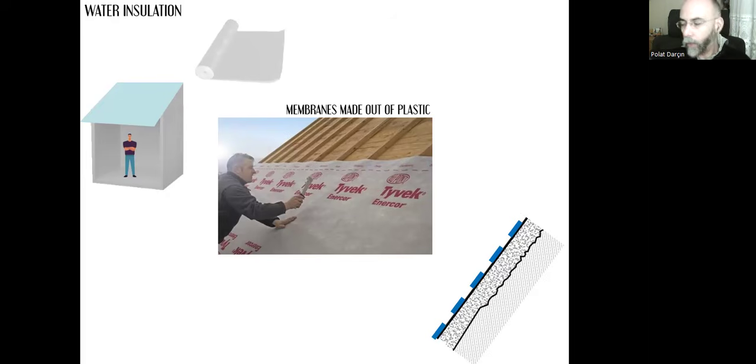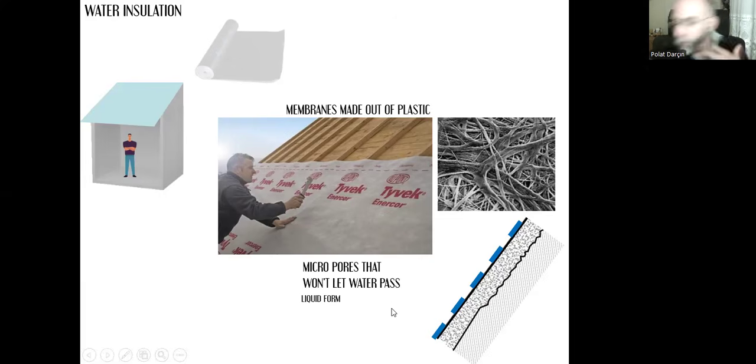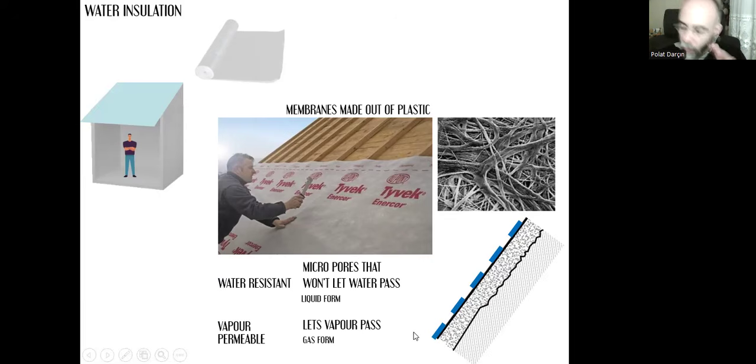Tyvek is the known brand name, a very famous brand name. It's a specially produced type of plastic, and it has micro pores. These pores are specially engineered. They won't let water in liquid form pass, so that it's water resistant. However, these tiny microscopic voids can let the vapor pass. Vapor, water in gas form, it's not vapor resistant, it's vapor permeable.